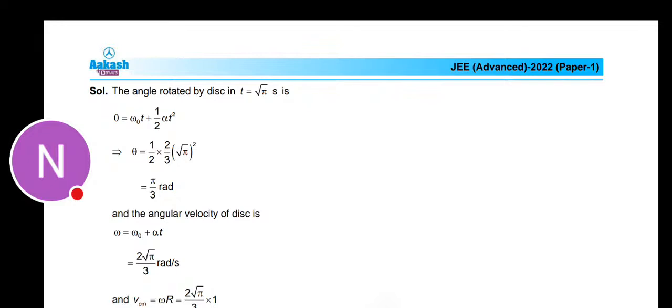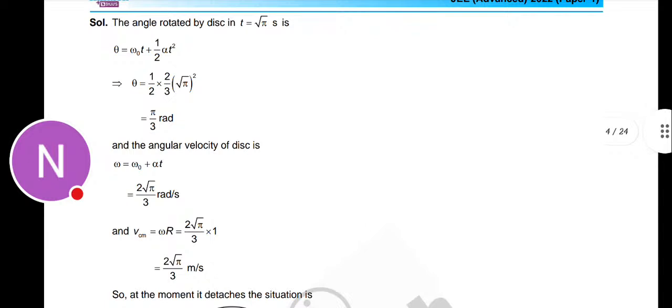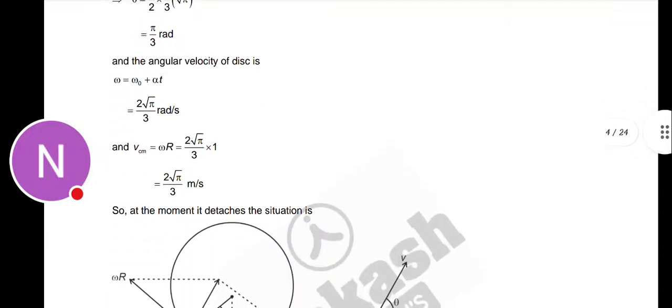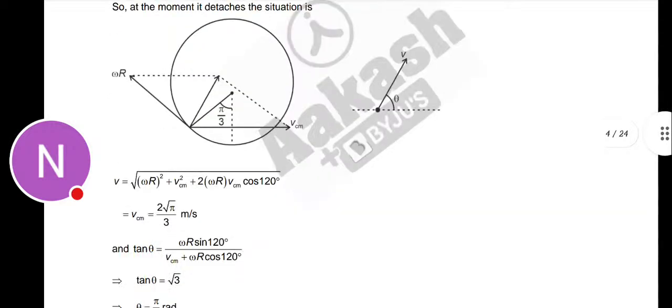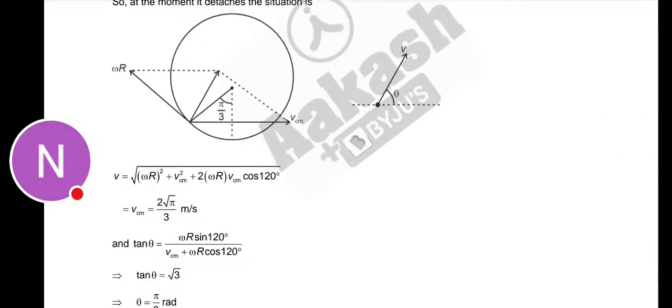The angular velocity of the disk is ω equal to ω₀ plus αt, which is 2√π/3 radians per second, and v of the center is equal to ωR, that is 2√π/3 into 1, so that is equal to 2√π/3 meter per second is the answer we get.